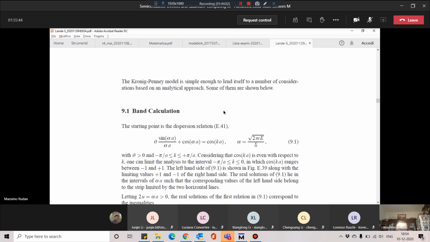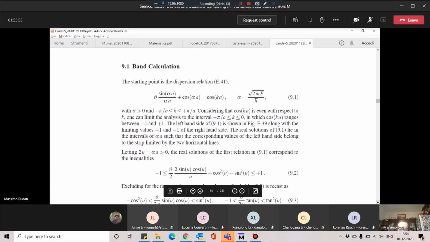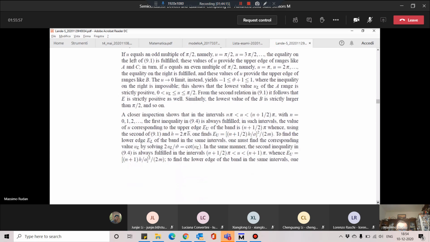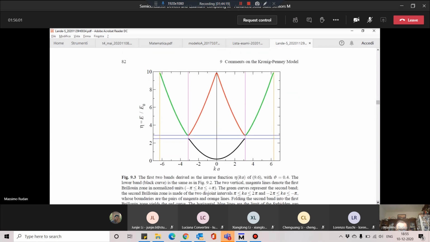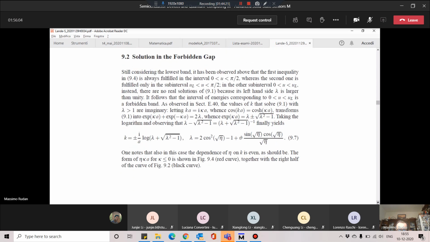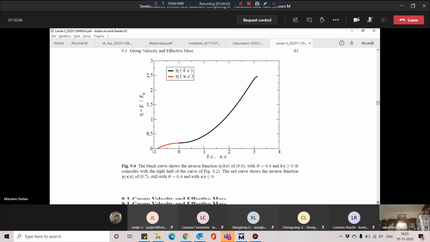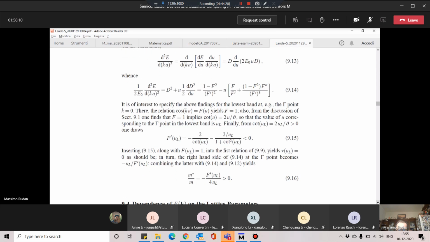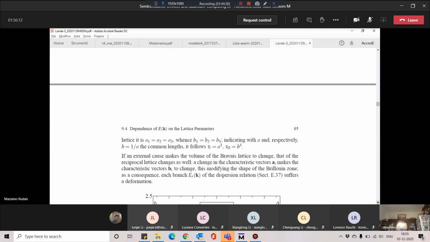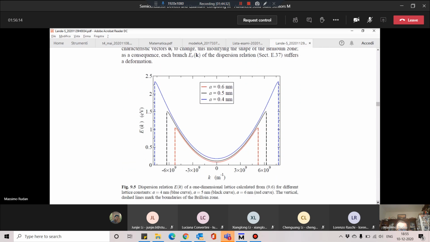So we may simply check what happens if we change the value of A. Of course, it is not so simple because A is on both sides, so the calculation is a little bit involved, but yet it can be done. And at some point, we have a result of a calculation here. This is it.